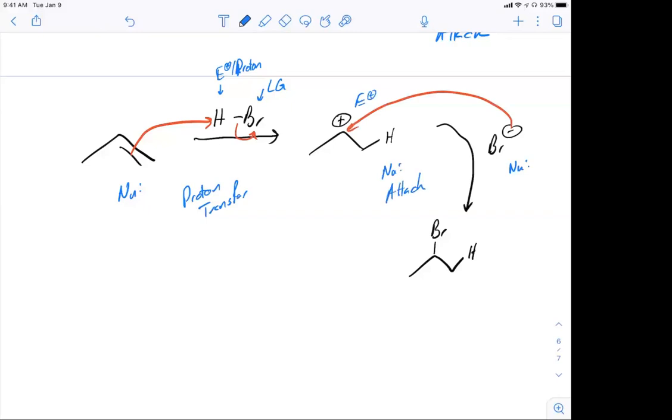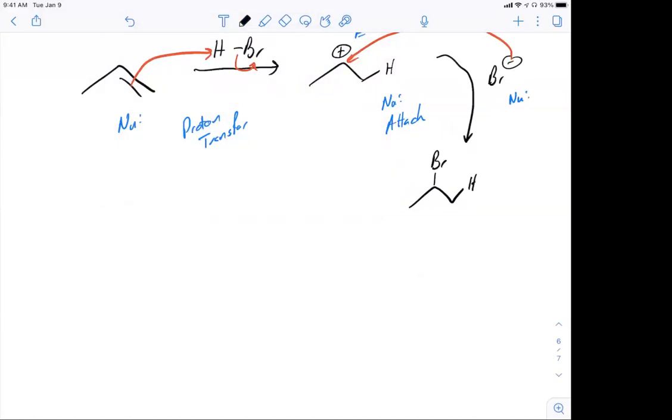So this reaction of an alkene with hydrogen bromide is going to be a proton transfer to form the more stable carbocation, followed by nucleophilic attack. And I noticed that we haven't covered this reaction yet, but because you know what the nucleophile and the electrophilic species is, you should be able to predict what's going to happen.